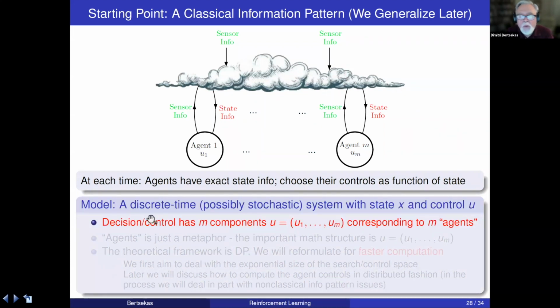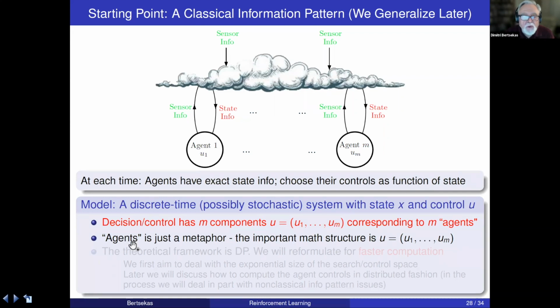Now, the mathematical model for this is still a discrete time system with state X and control U, but the control has multiple components corresponding to the M agents.